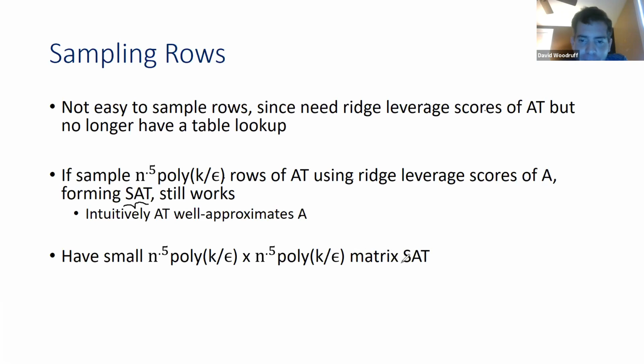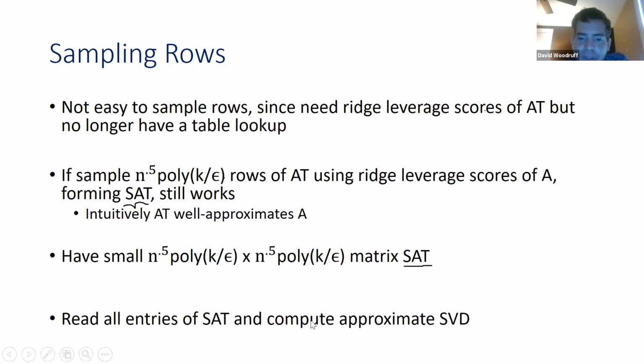We have this tiny matrix SAT, and we can just afford to read all the entries at this point. Read all the entries of the tiny matrix, and we compute an approximate SVD of this matrix using whatever favorite algorithm we want. For example, the nnz, number of non-zero entries of a matrix, time algorithm I mentioned earlier.